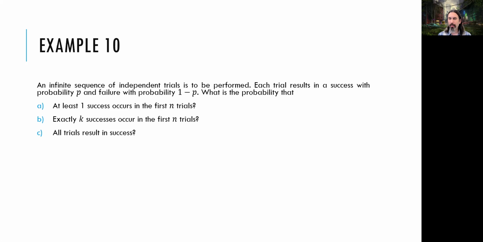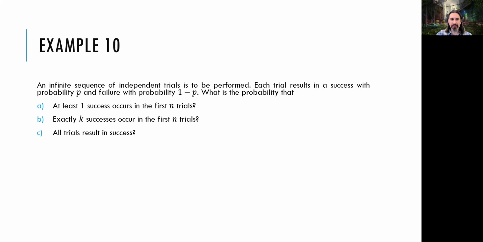Now, what we need to do is make sure that all n trials fail, okay? What's the probability of failing? 1 minus p, as you can see here. What's the probability that all n trials fail? The nth power of 1 minus p. So we just subtract it from 1. 1 minus the nth power of 1 minus p. Done.